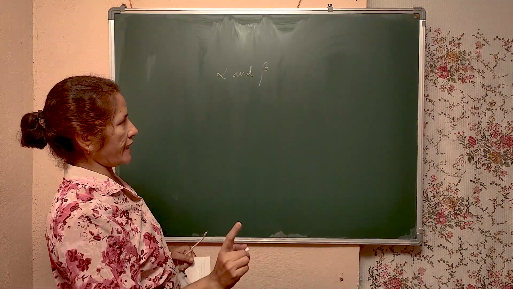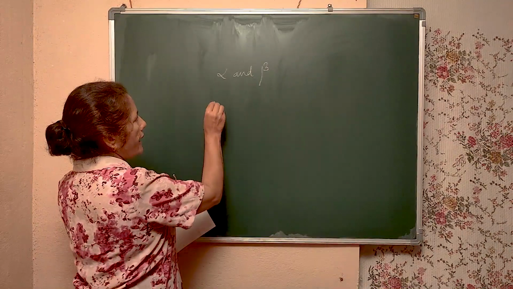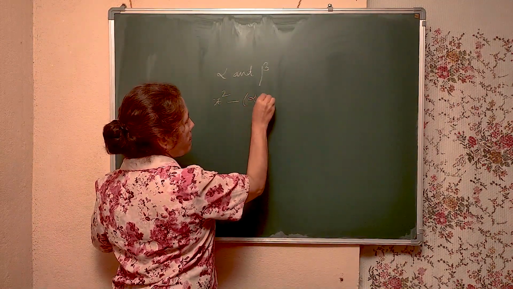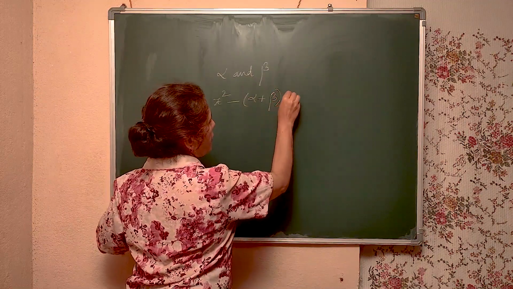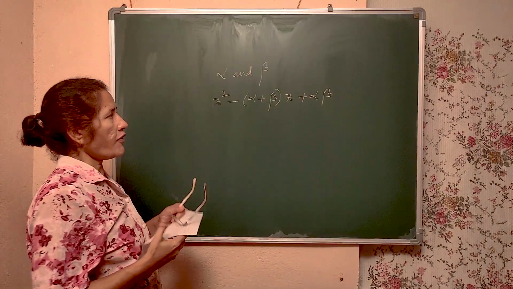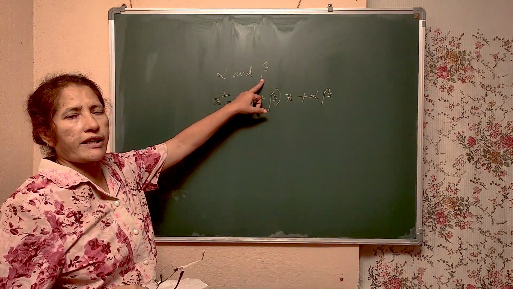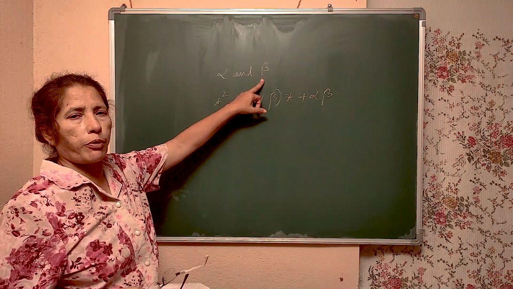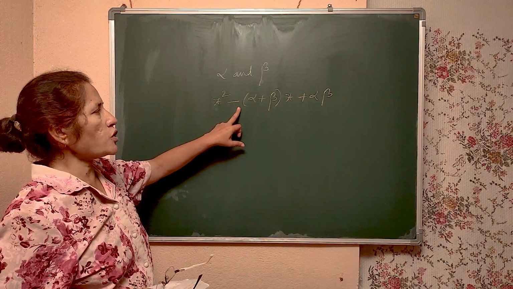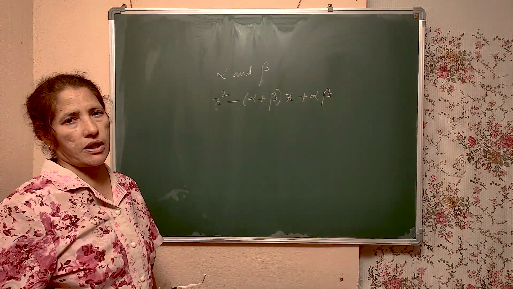When alpha and beta are given, the general form of a quadratic polynomial is x² minus (alpha plus beta) into x plus alpha beta. When alpha and beta are the roots of a quadratic polynomial, the form is x² minus (alpha plus beta) x plus alpha beta.